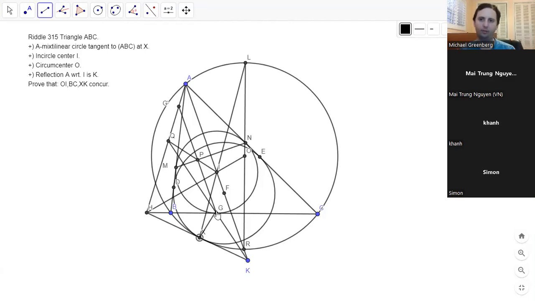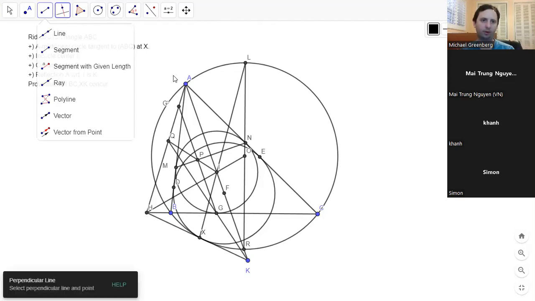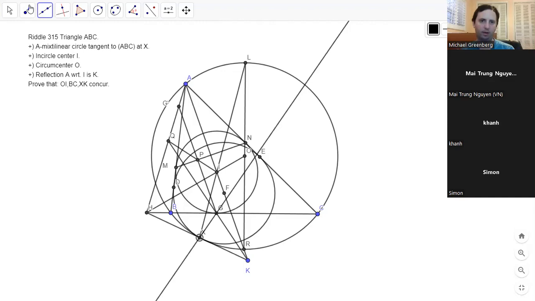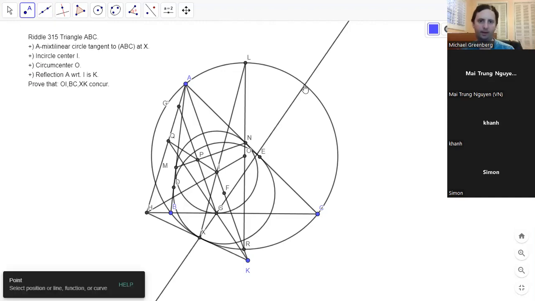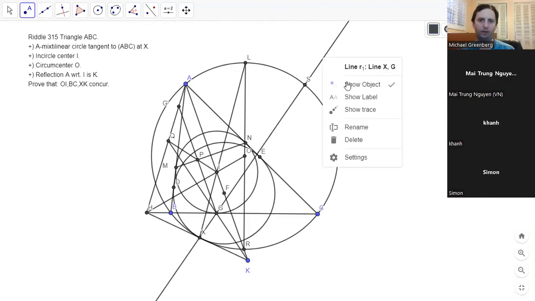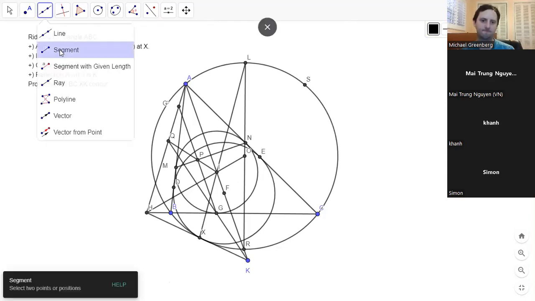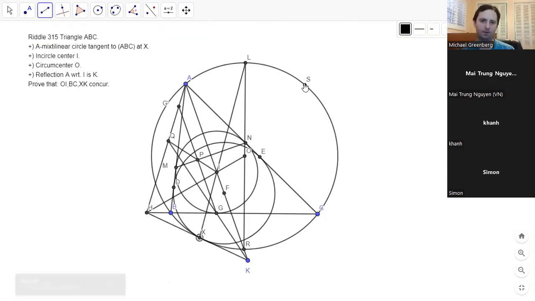And maybe it helps to draw because XG meets it at the point where that's parallel to BC. So if I draw it like this, it's a well-known fact that AS is parallel to BC. Yeah.